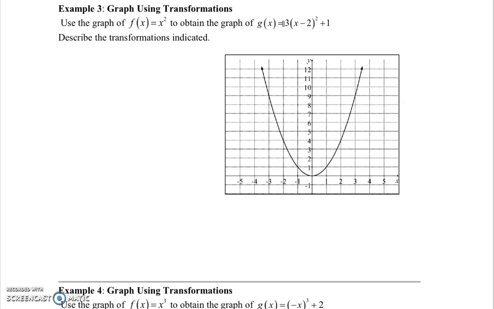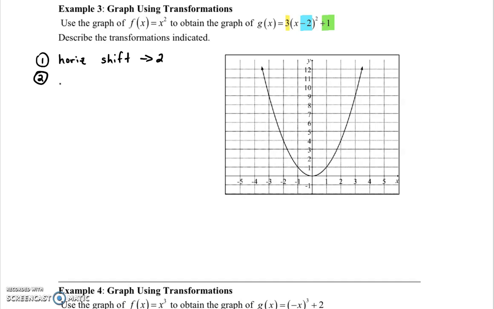So let's highlight the transformations to start with. And by following the order of operations, remember the first one should be a horizontal shift. This one should go to the right 2.